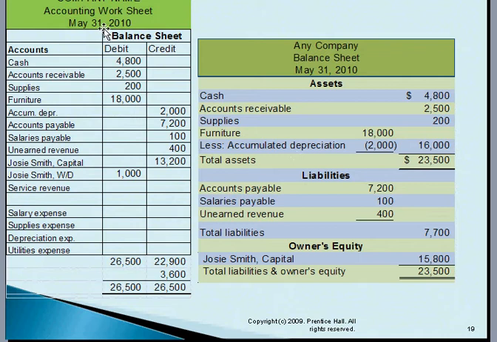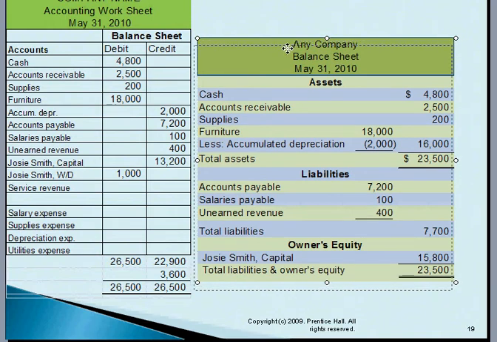From the last two columns of the worksheet, we have the balance sheet accounts. In the balance sheet accounts, we list after our who, what, when, company, balance sheet, the date, May 31st of 2010. After that, we list our assets, our liabilities, and our owner's equity, the three components of our accounting equation.